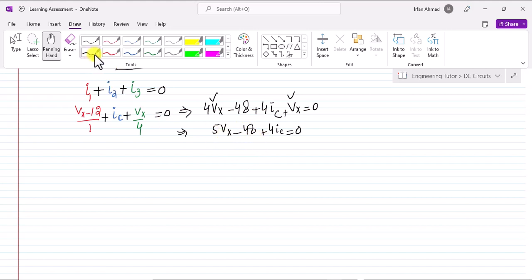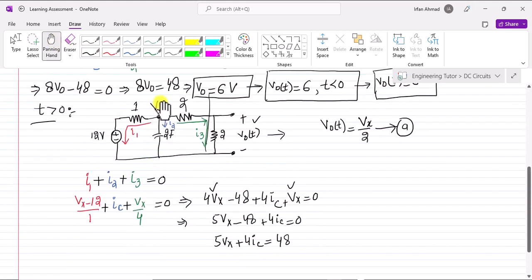Now let me move towards my question here. I can very easily see that 5Vx plus 4IC is equal to 48.